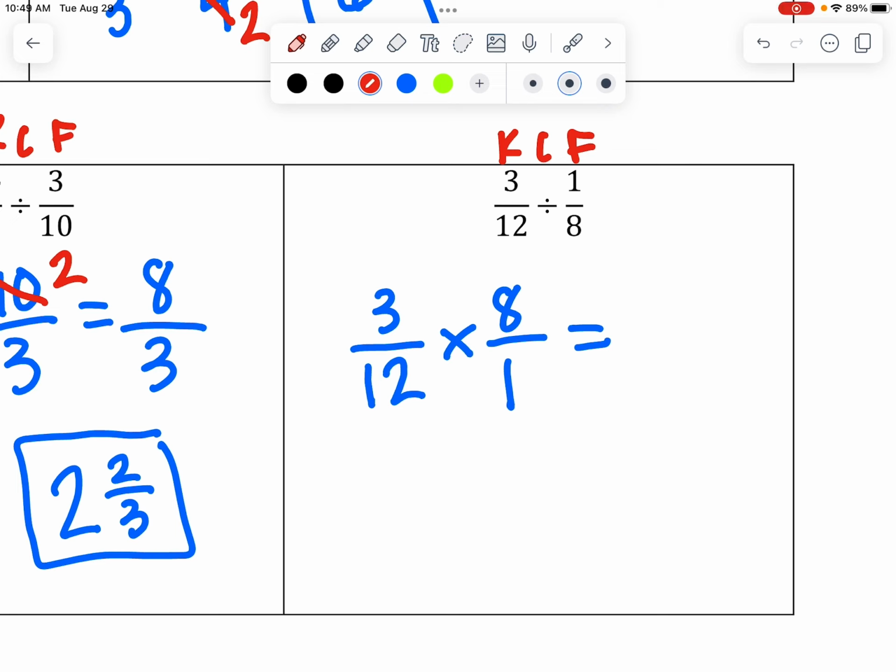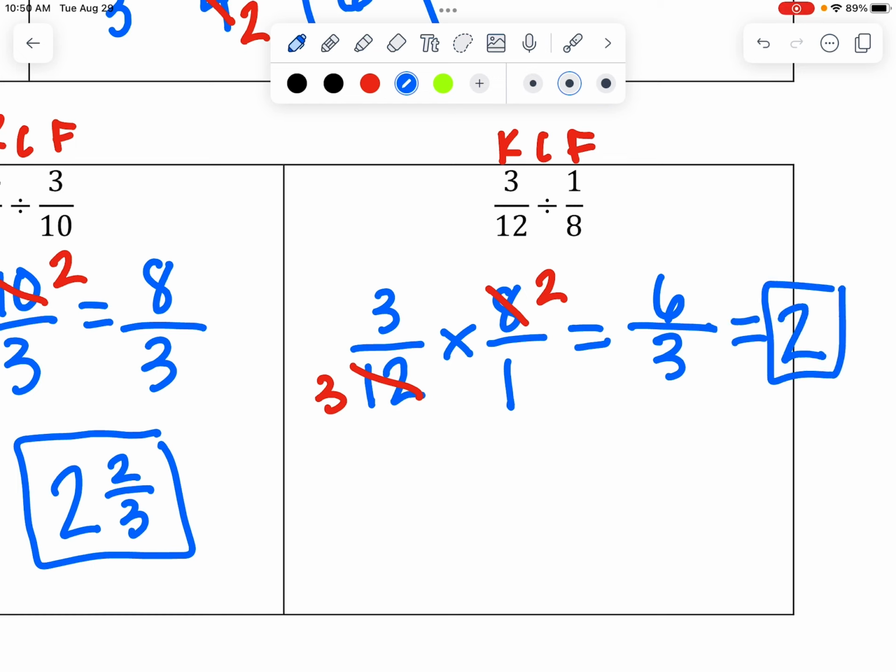So I would have 8 and 12. What can I divide both of those numbers by? Hopefully you said 4, or you were thinking 4, because 8 divided by 4 is 2, and 12 divided by 4 is 3. Now I can multiply across, and up top I get 3 times 2, which is 6, and 3 times 1 on the bottom, which is 3. When we divide these, that's 6 divided by 3, and you should get 2 as your answer.